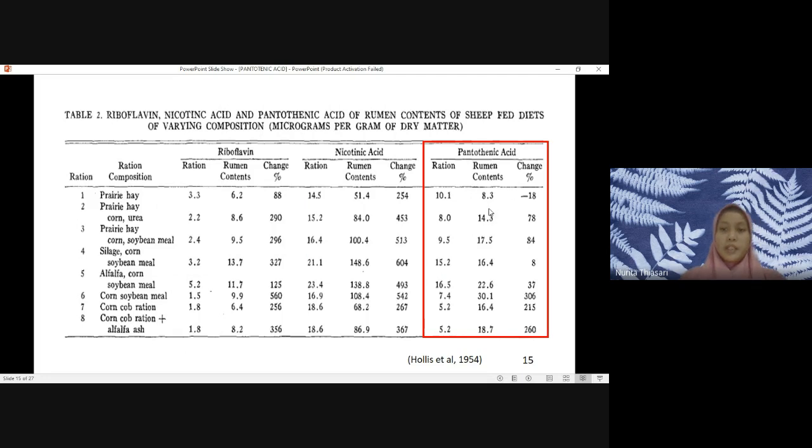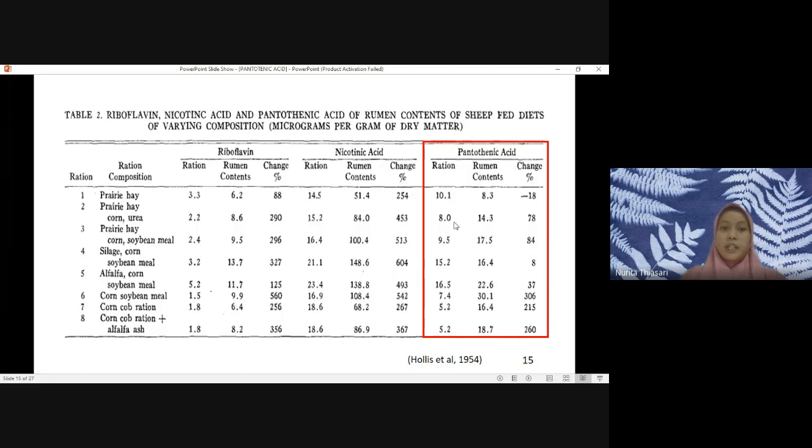We can see from the ration compared with the rumen content that only with the prairie hay, the pantothenic acid in the rumen content is less, because the amount of readily available carbohydrate and also nitrogen is less. So the synthesis of pantothenic acid becomes less.